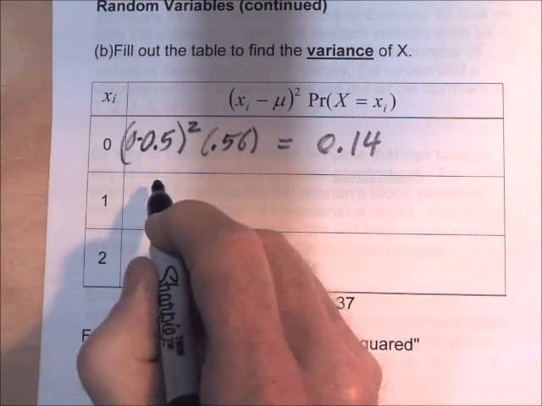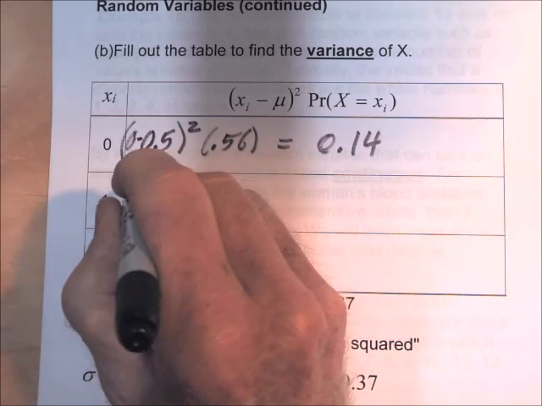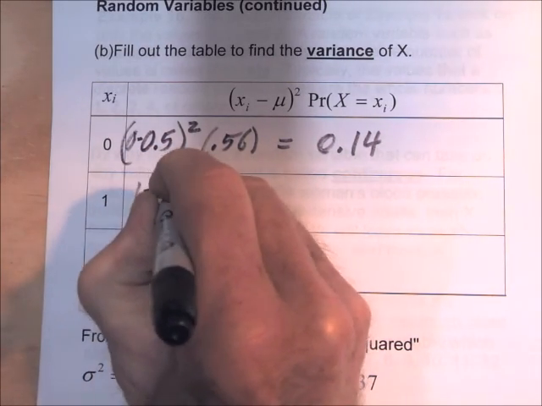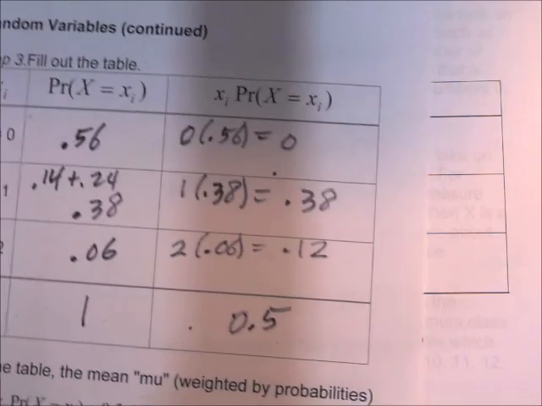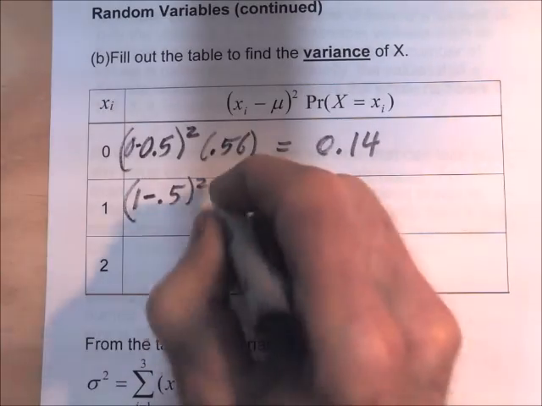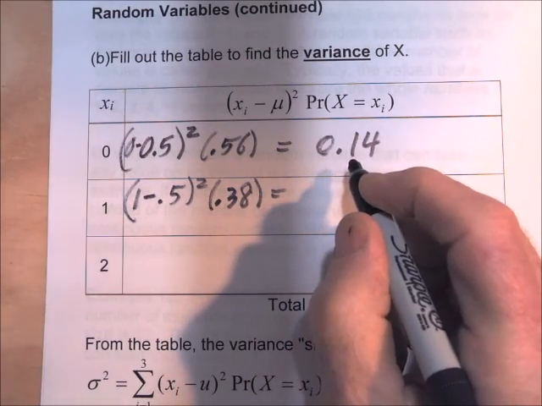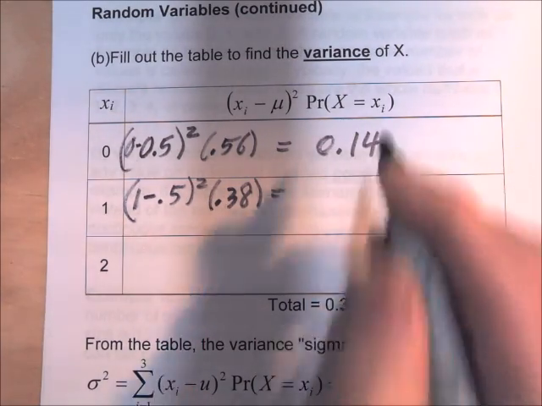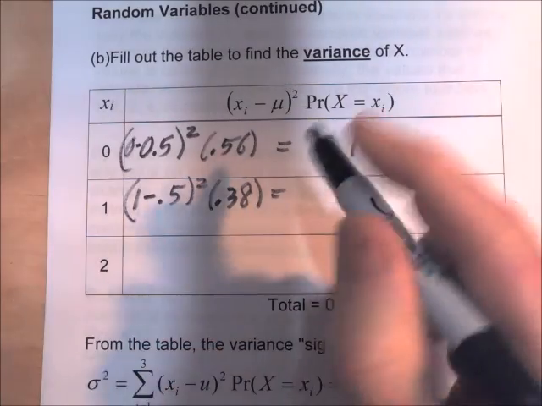Okay, and then if x is 1, we're going to have 1 minus 0.5 squared, and the probability x equals 1 is 0.38, so it's times 0.38. That is 0.095.